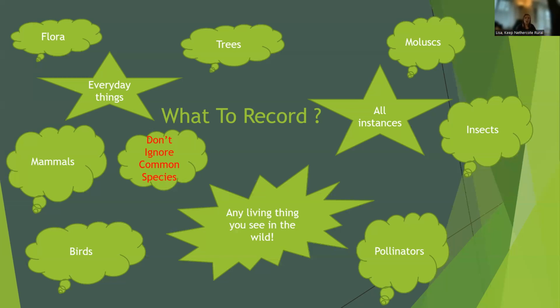So if you ignore all of your common species, you're automatically and incorrectly reducing the number of species that are present in the area.